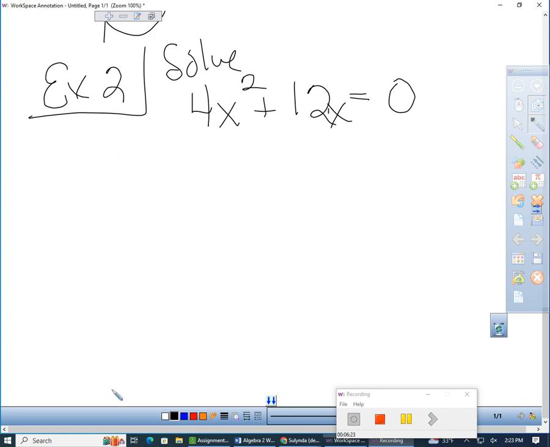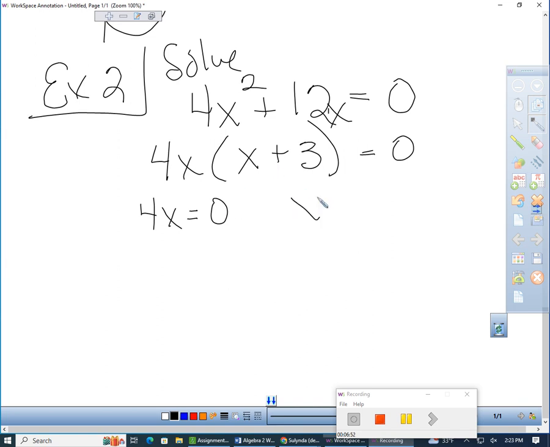All right, so the whole thing's already set equal to 0. Step 1. Take out the 4x. Beautiful. Good job, Chase. Take out the 4x. Leaves me with x plus 3. Now, remember the zero product property says any factor with a variable in it, you set equal to 0. So this greatest common factor has an x in it. So I'm going to set that one equal to 0, and x plus 3 equal to 0.